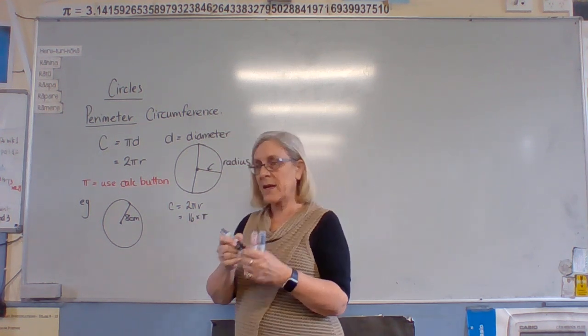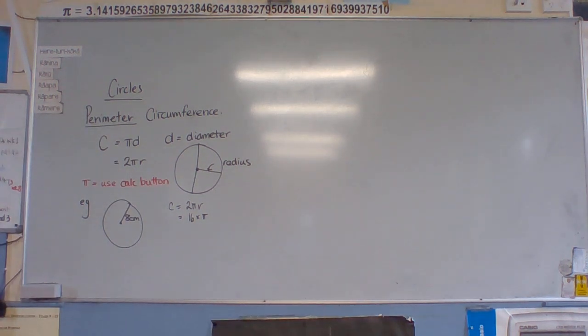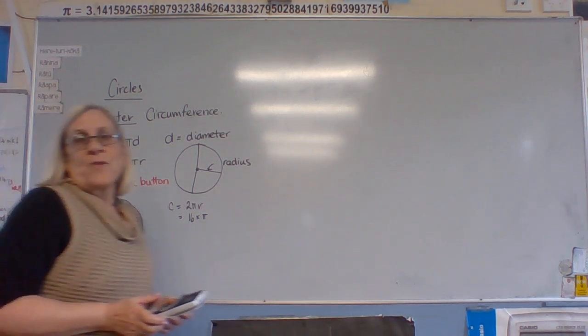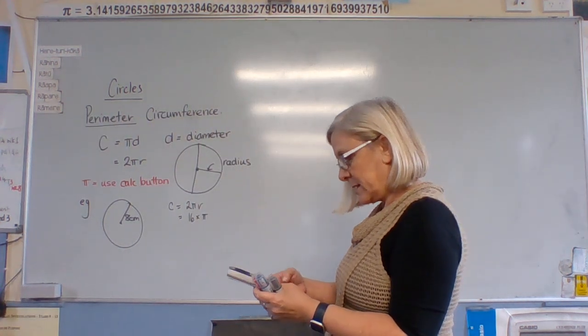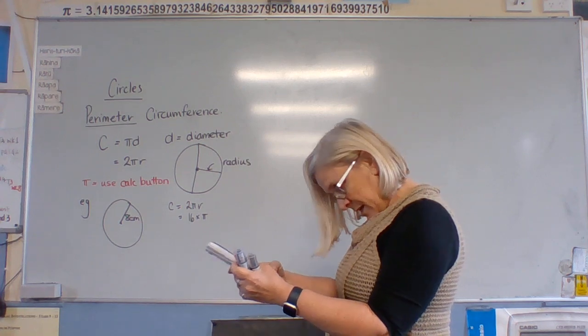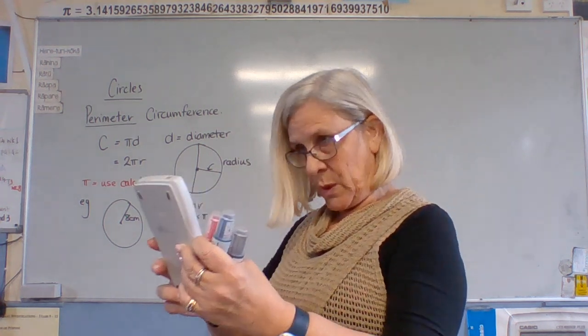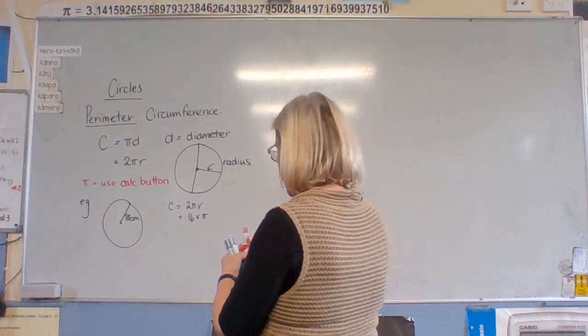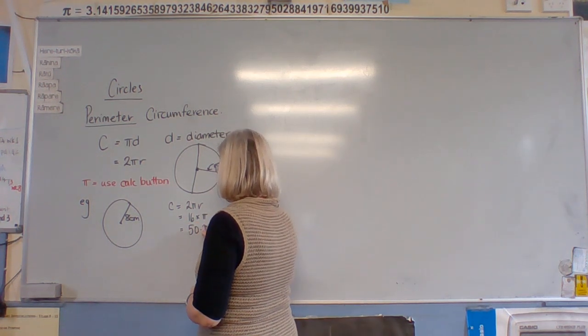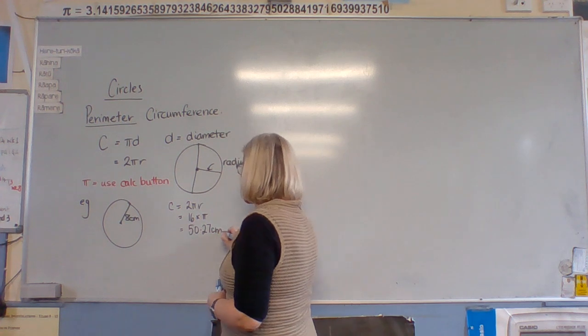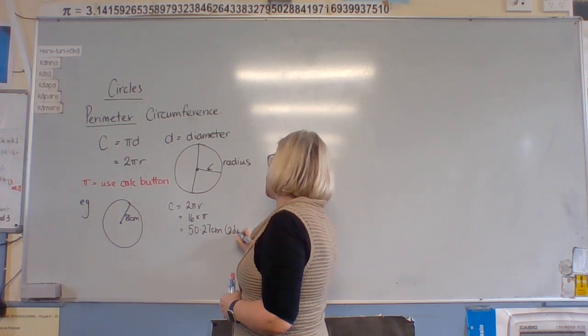We put that in our calculator using the pi button and round appropriately. So we get 16 times pi equals 50.27 centimetres to 2 decimal places.